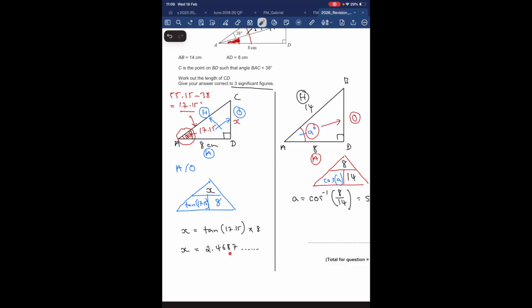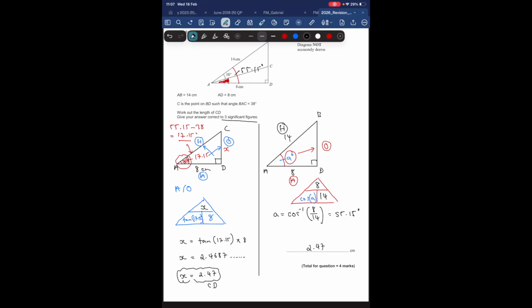Because this value 8 is bigger than 5, we need to increase the 6 next to it by 1 unit. So to three significant figures, our answer is going to be x equals 2.47, and that is the value of the length of C to D. So our answer is just going to be 2.47 centimeters to three significant figures.